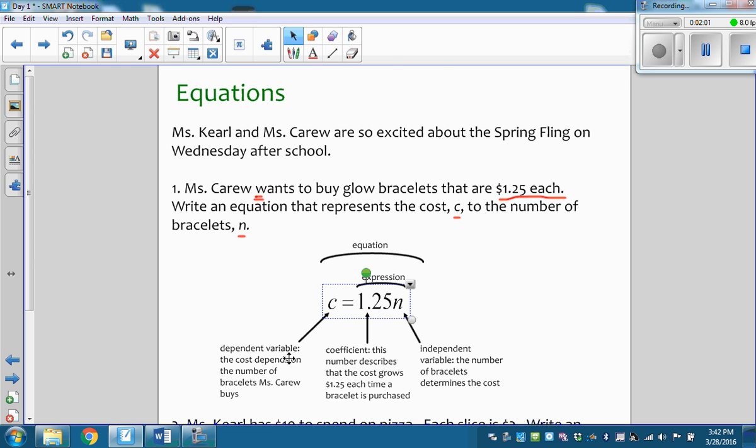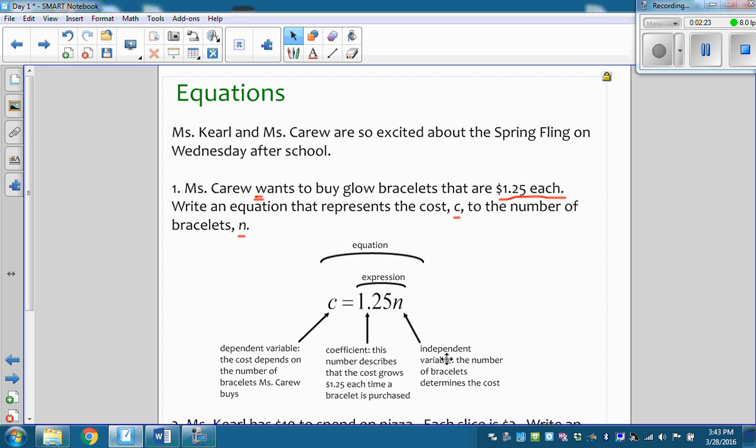C represents the cost, and it's dependent upon how much each bracelet is. So in other words, if you have to pay $1.25 for each bracelet, your overall cost is going to depend on how many bracelets you buy.